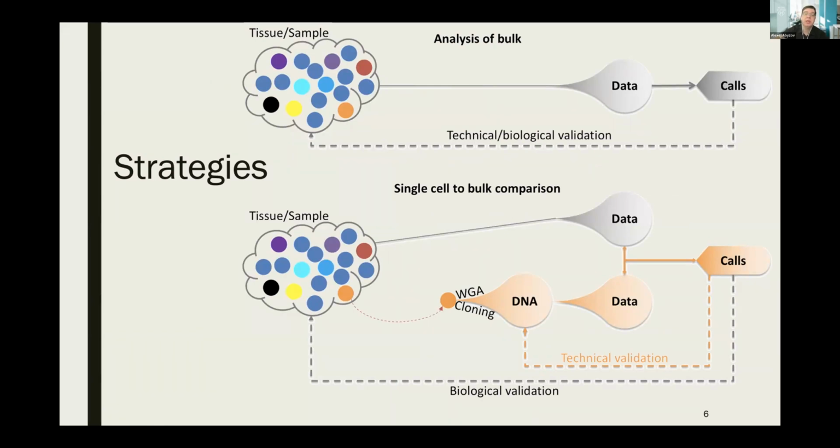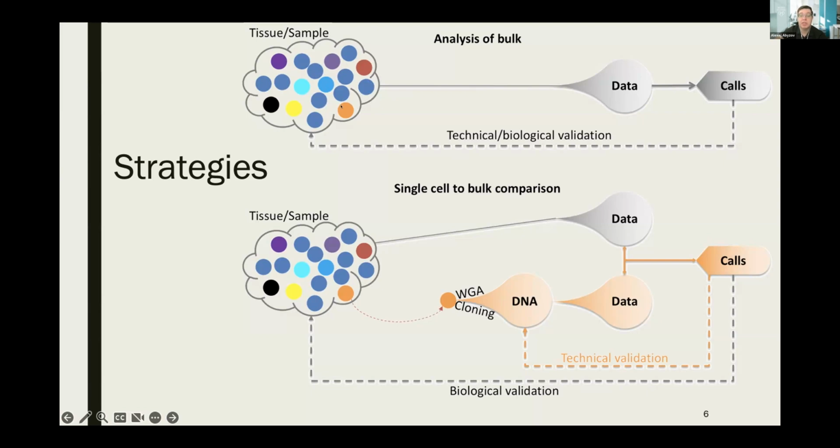One of them is you take a bulk sample and try to analyze that bulk. Here is some sample or tissue, and I use circles to represent cells, and different colors mean different mutations. You take this bulk, generate typically sequencing data, and then generate predictions of what the somatic mutations in this bulk are.